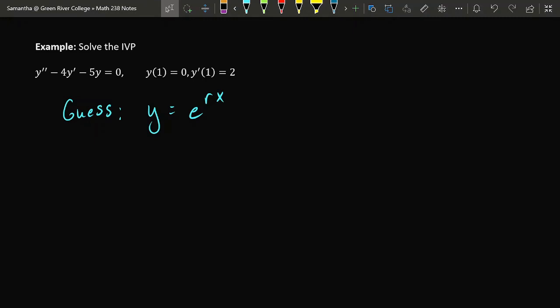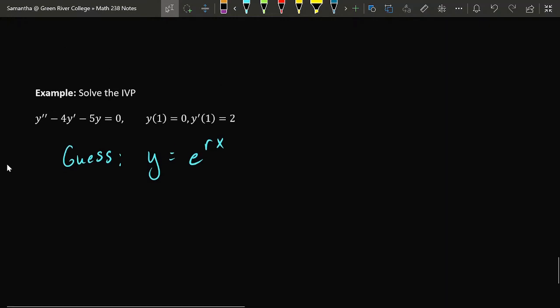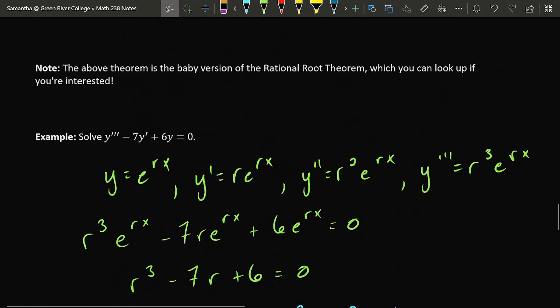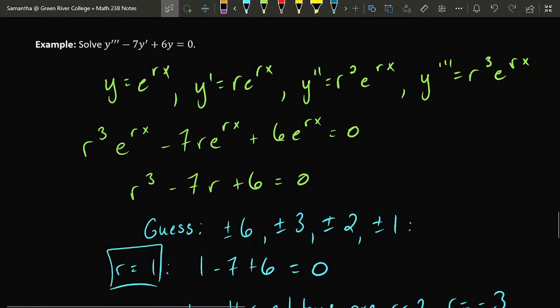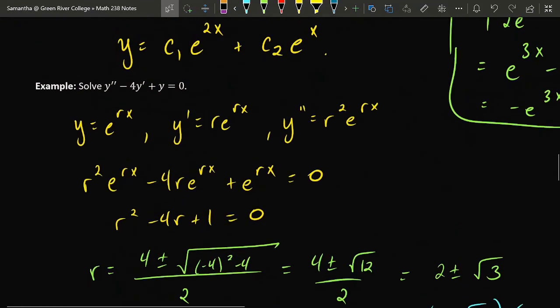Now we've done enough of these problems that we have begun to see a general pattern. Once we guess a solution of this format and plug it into our differential equation, the third derivative gets replaced by r to the third power. The second derivative gets replaced with r squared.